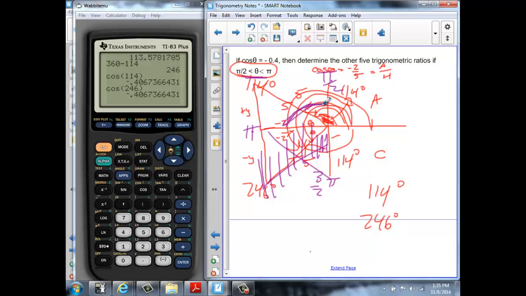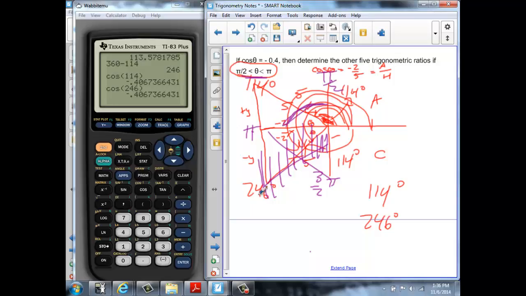Let me just recap what we've done here. First, I plotted a bit of a graph and figured out where this thing could be negative, and I found 2 spots where it logically could be negative. I used my calculator to find the angle in degrees, just to make it simple. In degrees, I got an answer of 114, which works. But it's not the only possible answer that could get me a negative 0.4.